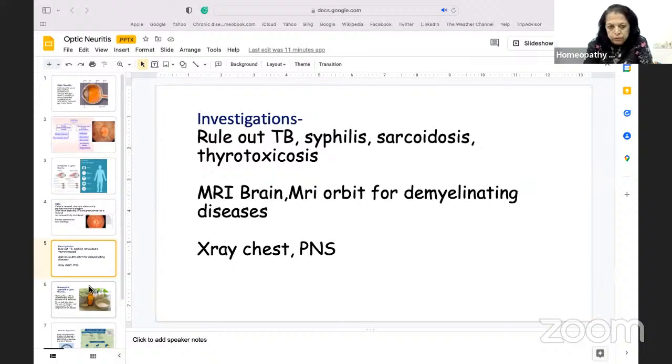So you know the side effects of steroids. Sometimes it happens that the optic neuritis is reduced and your vision also comes back, but recurrence chances are very high, especially in multiple sclerosis and Devic's disease. So all investigations and proper ophthalmological examination are important.